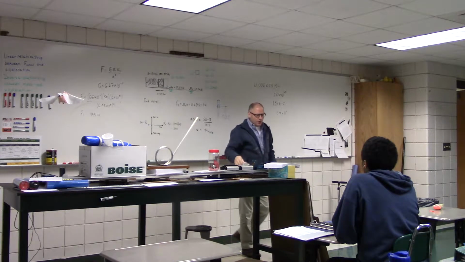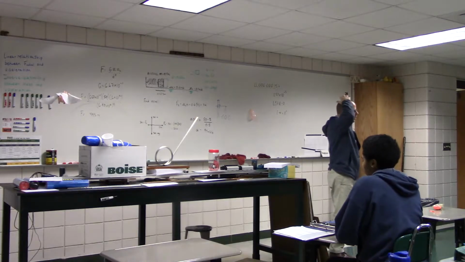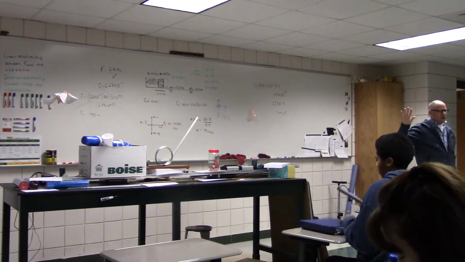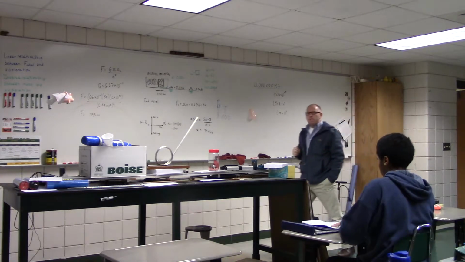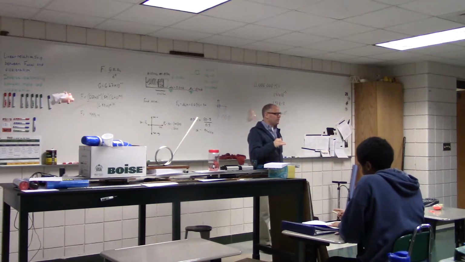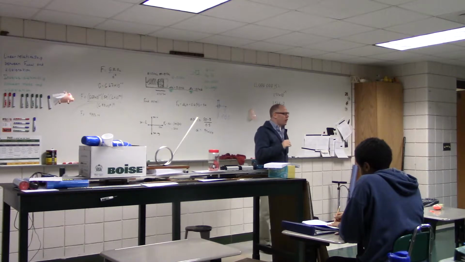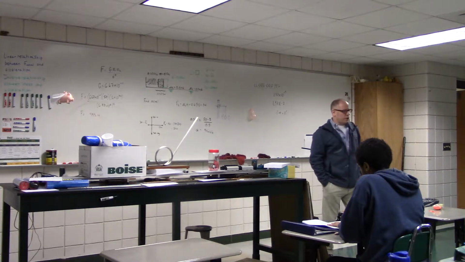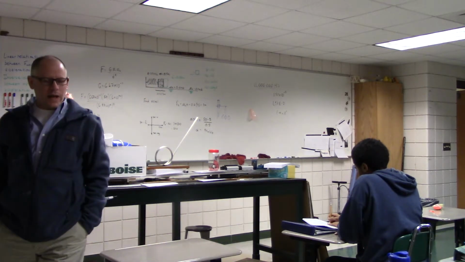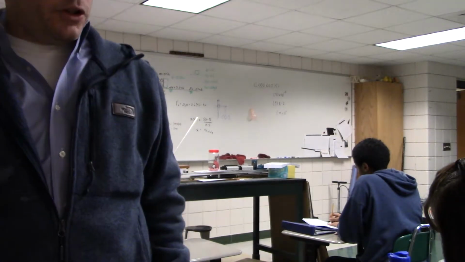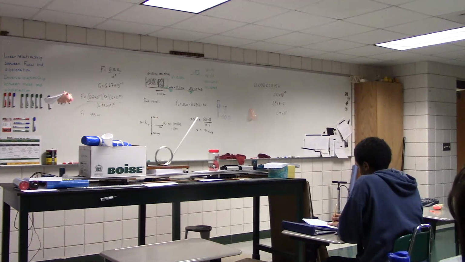What's up now? All right, if you would please draw a picture of the board and the balloon, and then, this is the cool part, I want you to draw a force diagram for the balloon. So draw and label a force diagram for the balloon. And remember, the first rule of forces says that if you're going to name the forces on an object, you must name the physical object doing the pushing or the pulling.